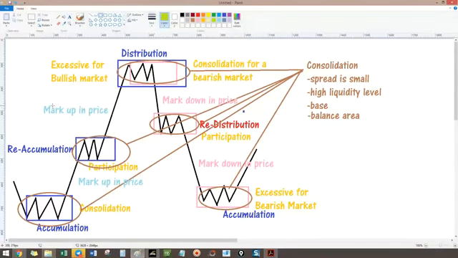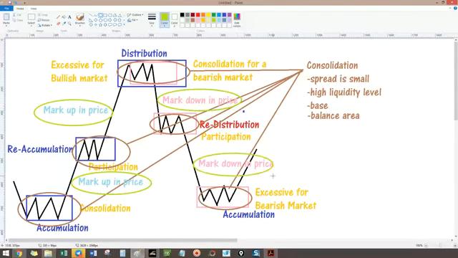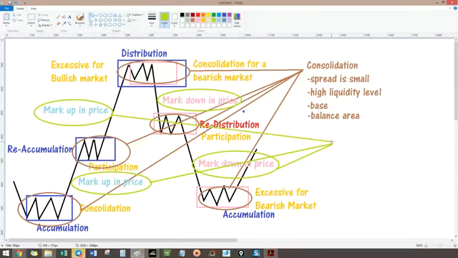All right, this one, this one, and this one, and this one. Okay, so all of this is called imbalance.